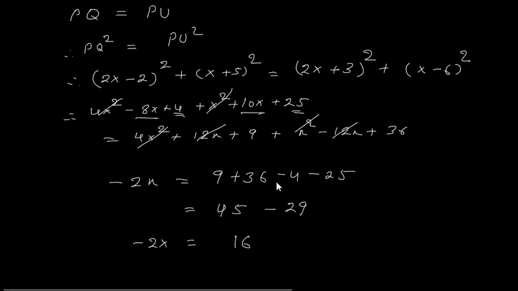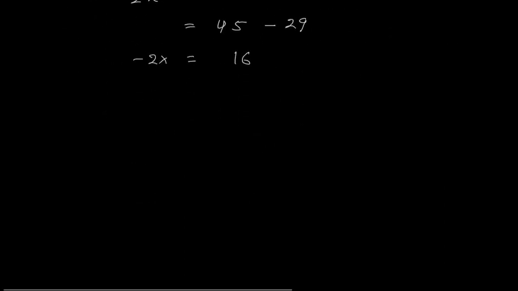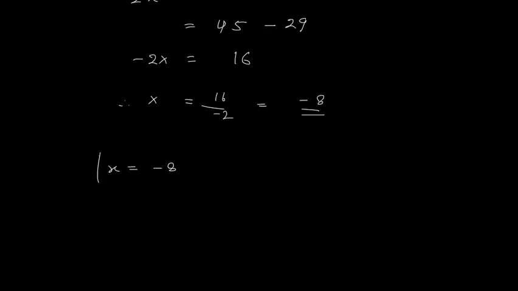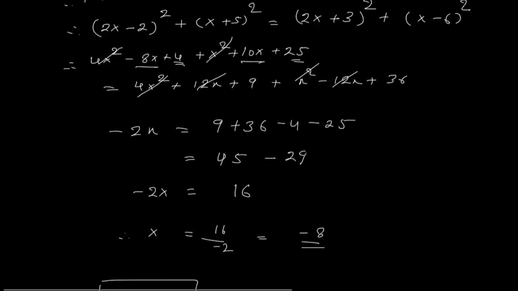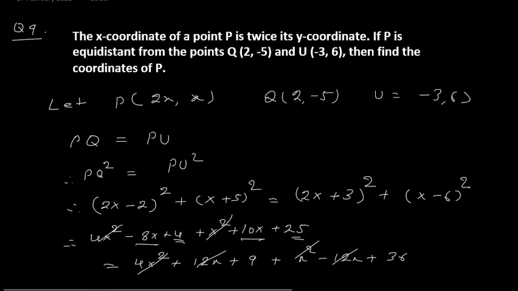So minus 2x is 16. So therefore it will give me the value of x as 16 upon minus 2 is equal to minus 8. So value of x is minus 8. We got the value of x as minus 8.